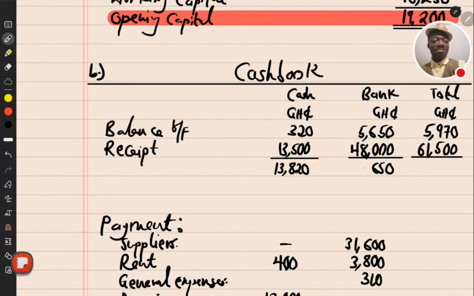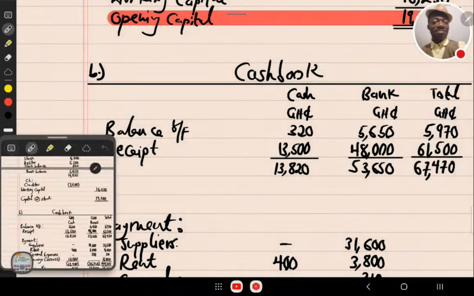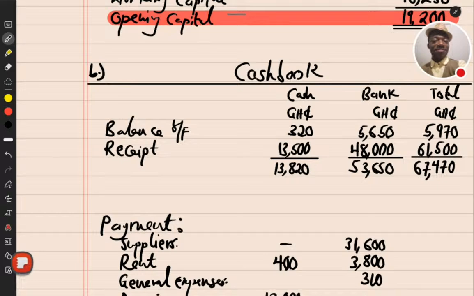Then here supposed to get 13, remember 1, so we are getting 53,650. And here it is supposed to get 0, 7. Then here supposed to get 4. All right, that's 14. Remember 1, here supposed to get 7. So you're going to get 67,470. So that's for the receipt side.